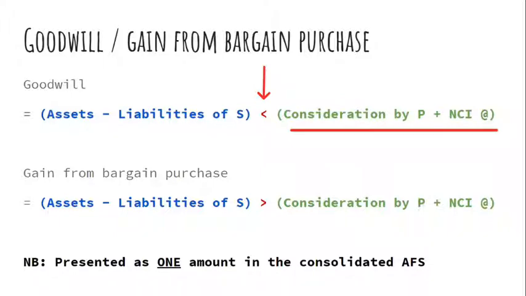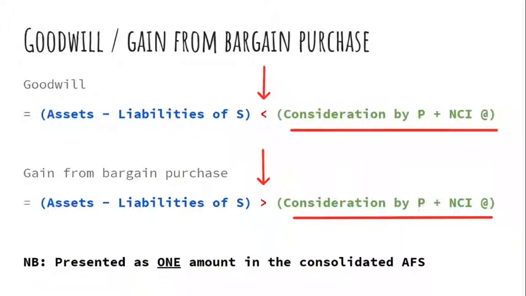And you would have a gain from bargain purchase where what the parent is willing to pay for his proportionate share and the parent's measurement of NCI at acquisition date is smaller or less than the net assets of S at acquisition date represented by the equity.